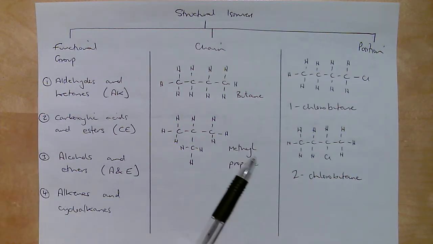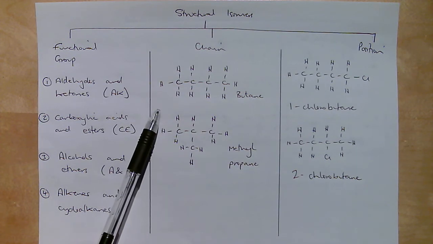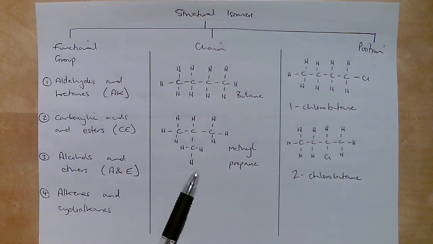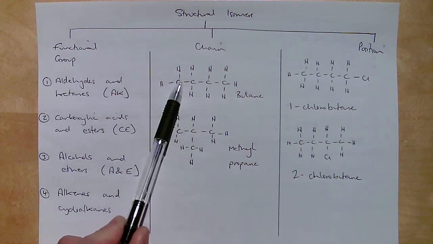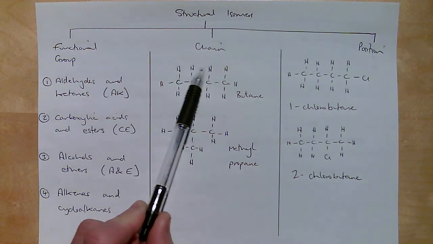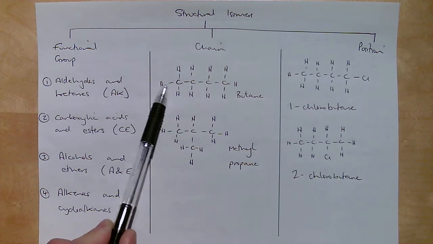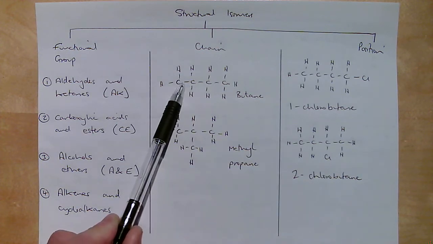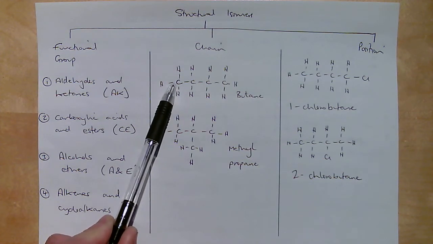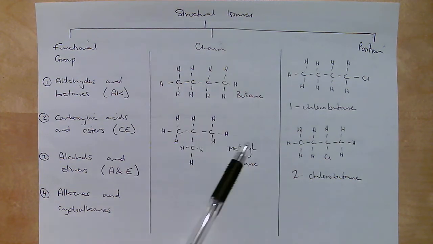Chain isomers then. With the chain isomer, we basically change the chain length and maybe have branches coming off it. So here I've got butane. It's got 4 carbons and 10 hydrogens, so C4H10, and all the carbons are in a straight chain.